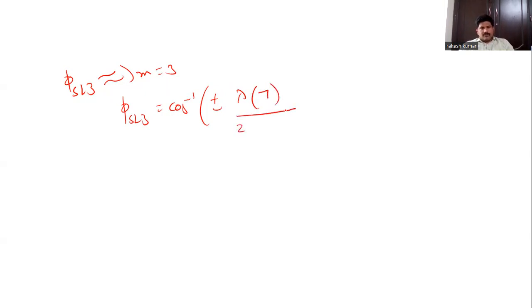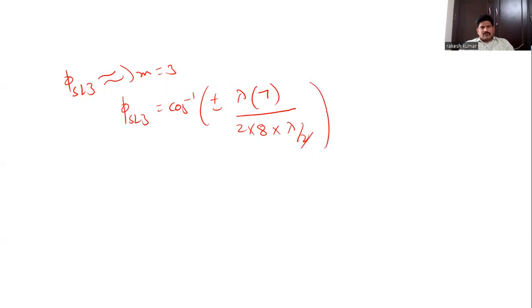Okay. Similarly, calculate phi SL3, the side lobe for m equal to 3. Therefore phi SL3 is equal to cos inverse of plus or minus lambda into 2m, here 2 into 3, 6, plus 1, 7, by 2 into n, which is 8, into d, which is lambda by 2.